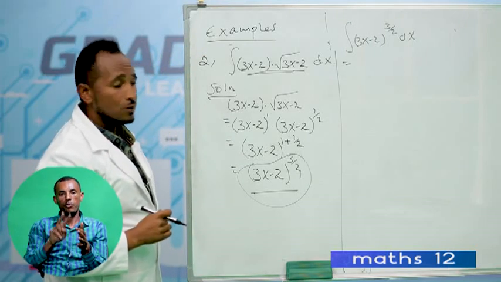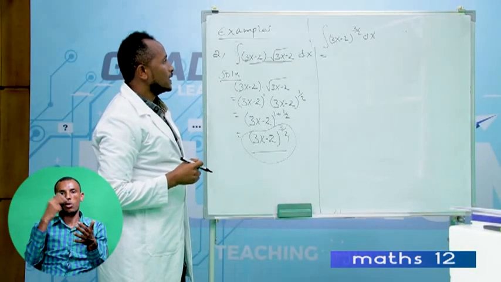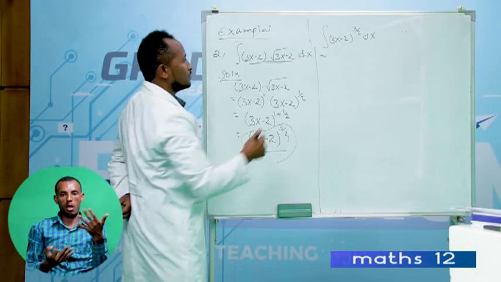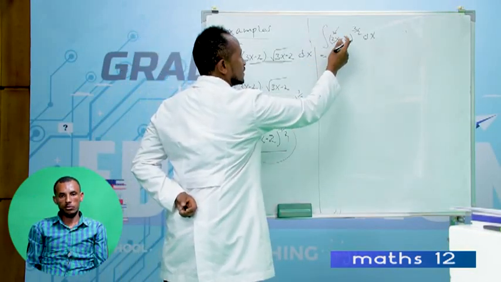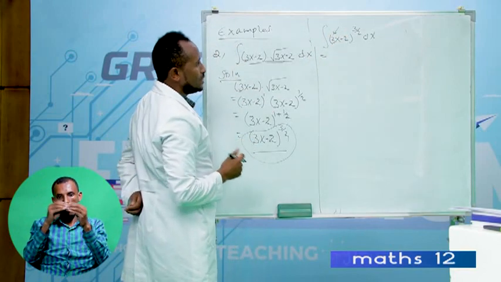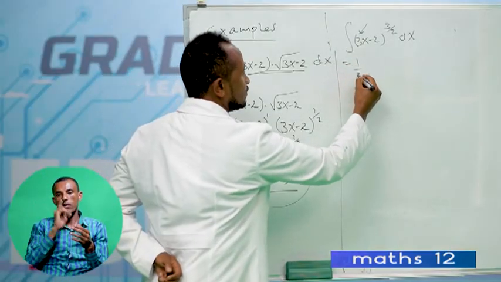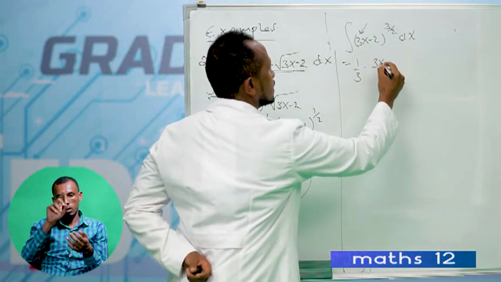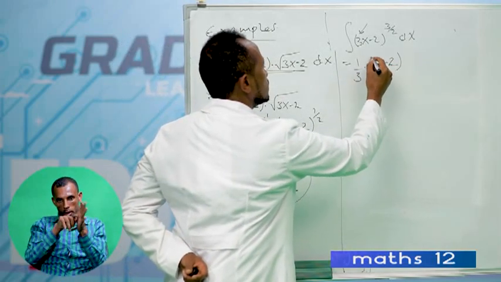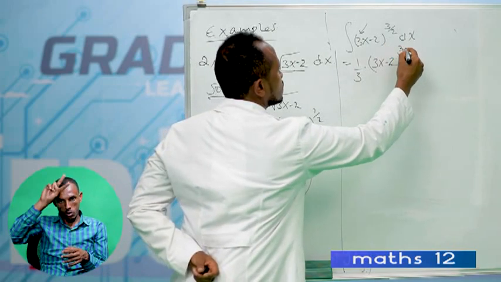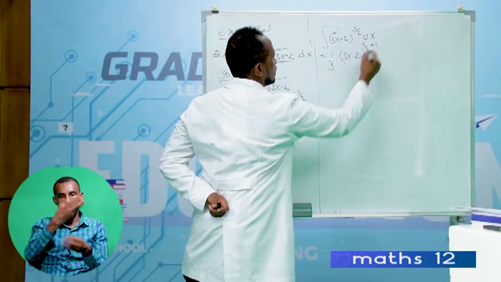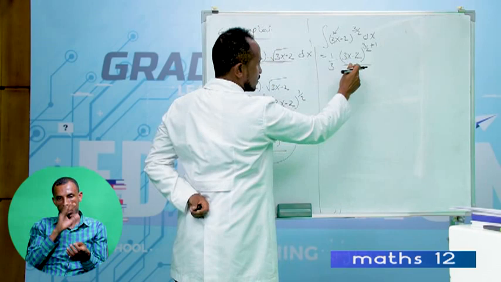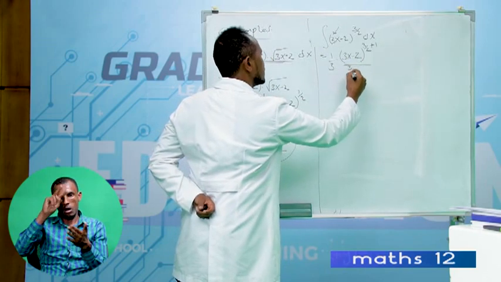To integrate this, we use the previous formula. Don't forget the coefficient of x is 3, so take the reciprocal of it, and then (3x - 2)^(3/2), add 1 to the power, and write this power on the denominator.